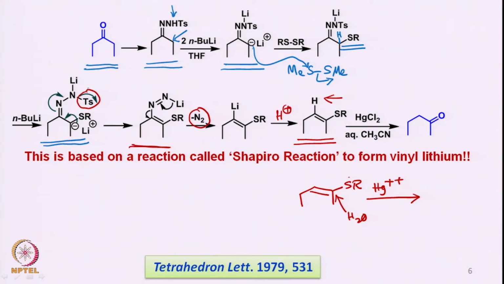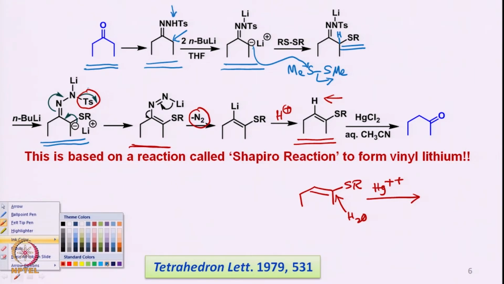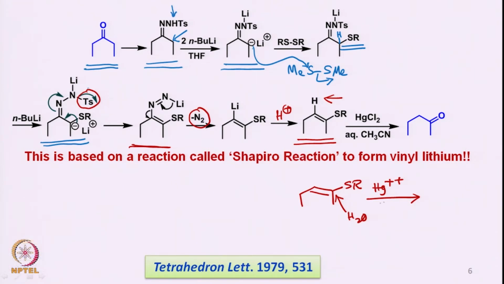So you have complexation of the mercury onto the sulfur, making this particular bond relatively weak, and then the attack of water allows the formation of the corresponding enol, which gives the ketone.